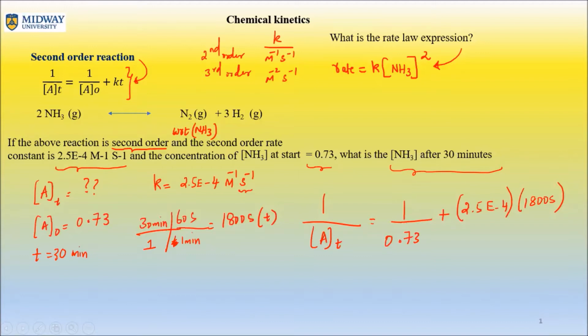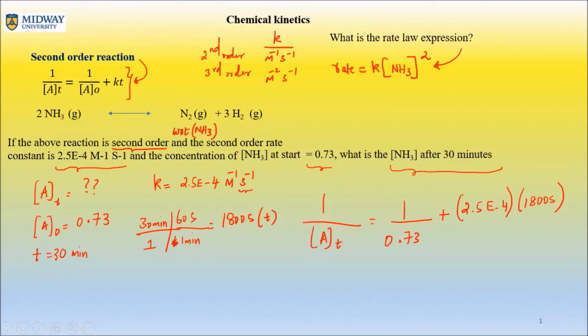So let's go and finish this one. Times 1800 plus 1 over 0.73.